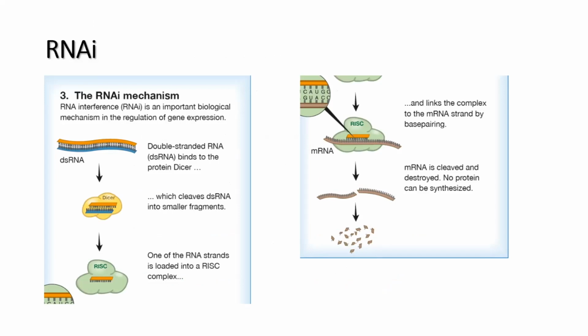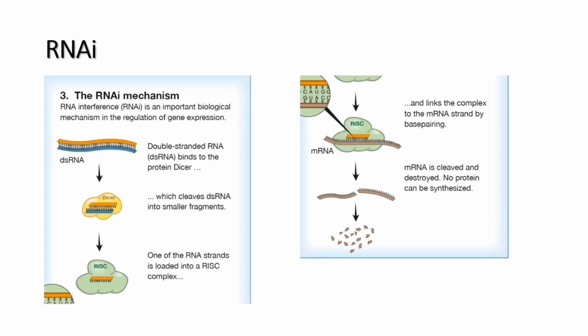One of the RNA strands is loaded into this other protein complex called RISC, and I didn't bother looking up what that stands for. And then this small piece of RNA guides the RISC complex to the complementary mRNA, the messenger RNA for the gene. And this is a signal to destroy that mRNA, so no protein is translated.